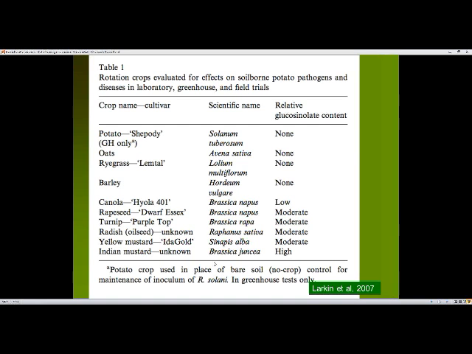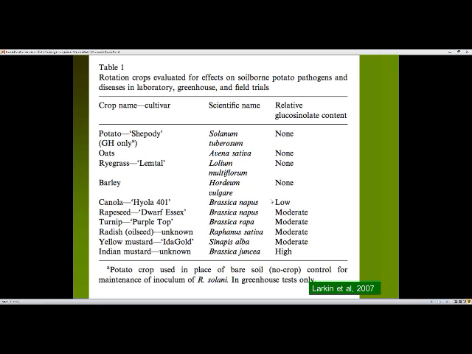So the Larkin group has published a lot of literature as they worked over about a decade on developing these suppressive systems. And I only have time to talk about a little bit of their data, but I highly recommend that you go explore more fully this data. So in this particular paper published in 2007, they were looking for cover crops that were suppressive to diseases of potato.